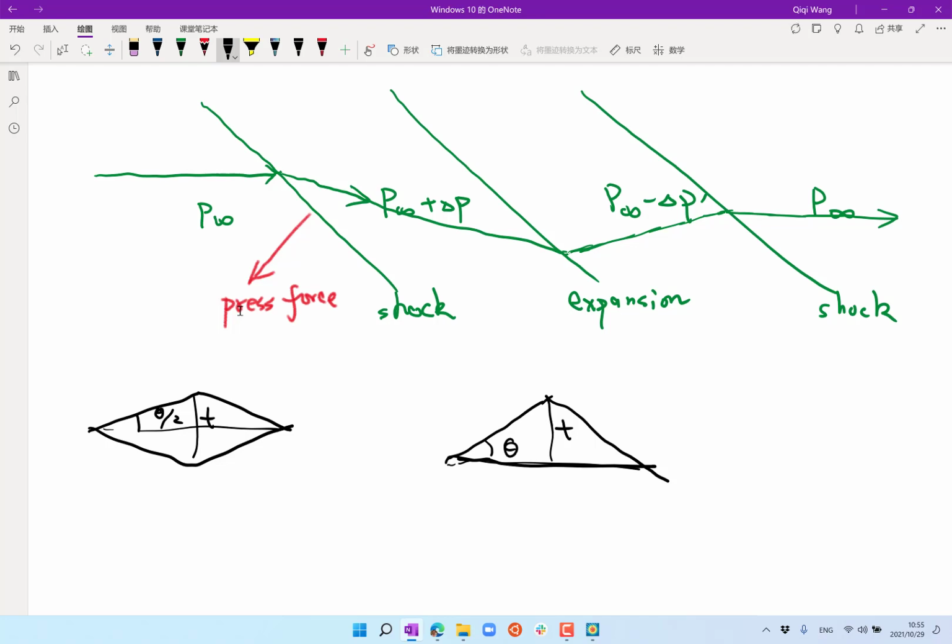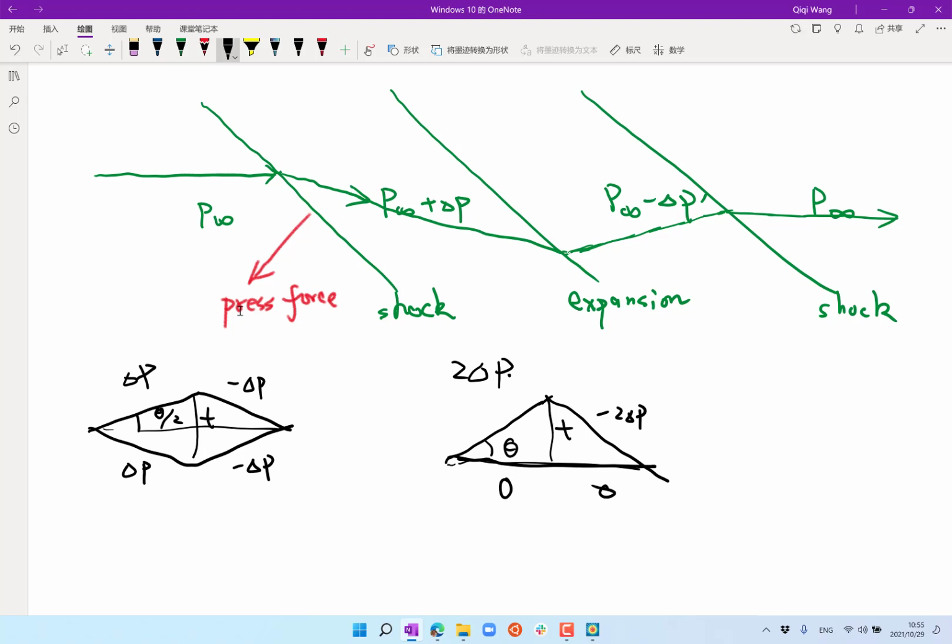So the delta P here is going to be twice, let me just say 2 delta P. The delta P here is going to be twice the delta P before, right? And let's say for a symmetric airfoil, this is minus delta P and this is minus 2 delta P. And here you have delta P, and here you have minus delta P, and here you have 0 and 0, right?